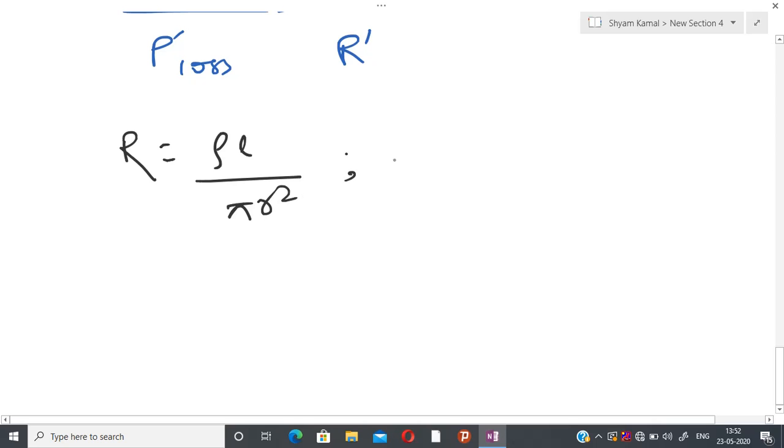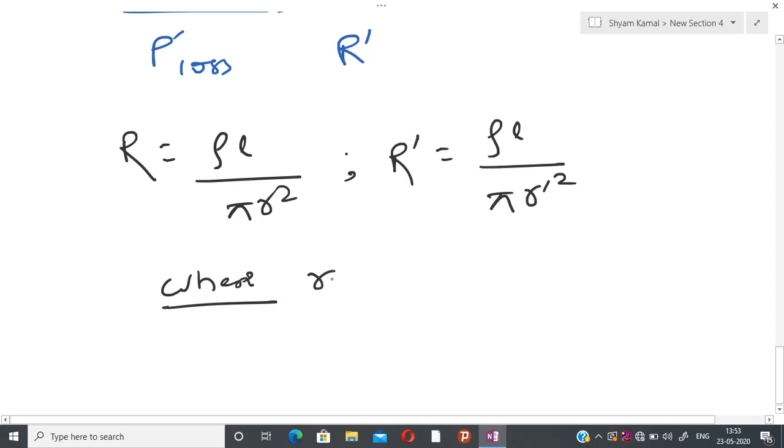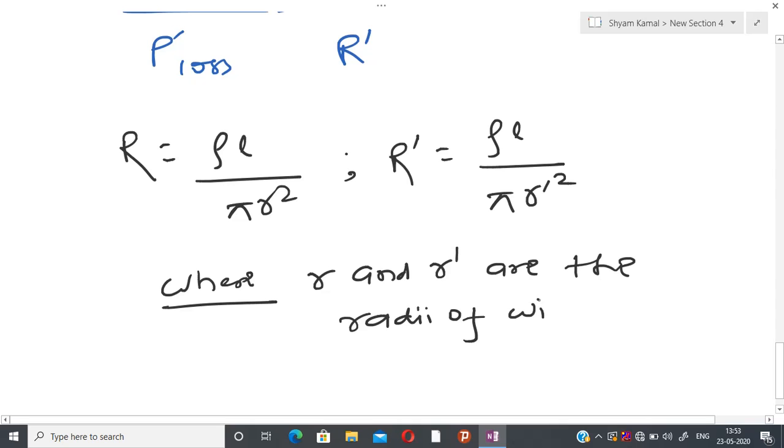Similarly, for R dash, I can again write like this, rho L by pi r dash square, where r and r dash are the radius of wires.